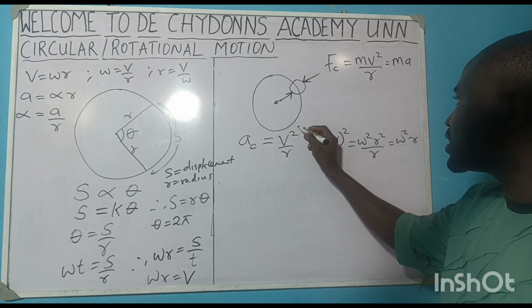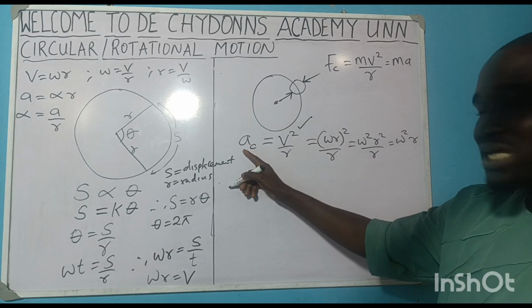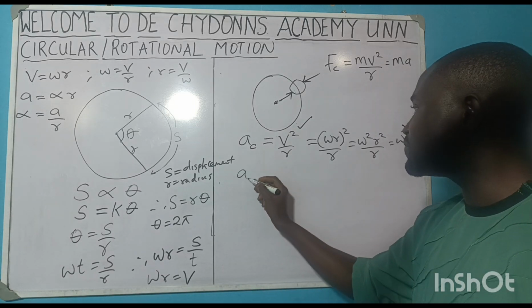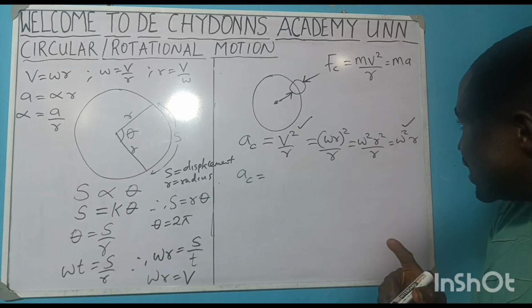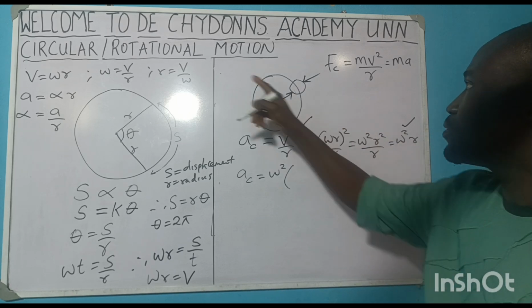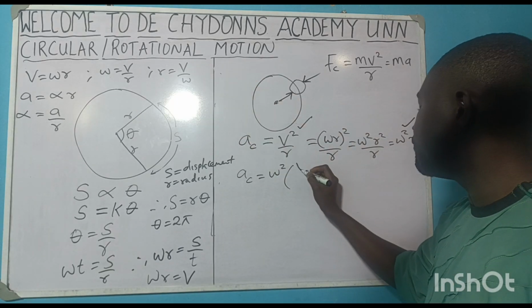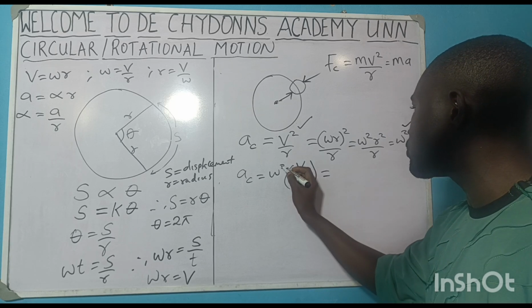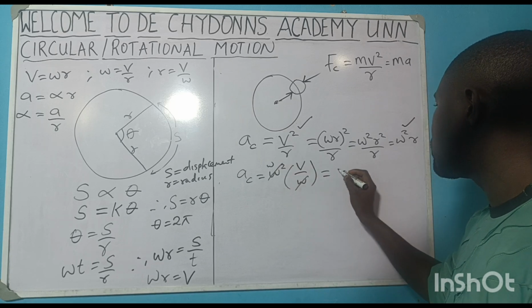So we have gotten this formula for centripetal acceleration. The next formula for centripetal acceleration is w times, what is your r? v over w. That will cancel one of these w, giving you wv.